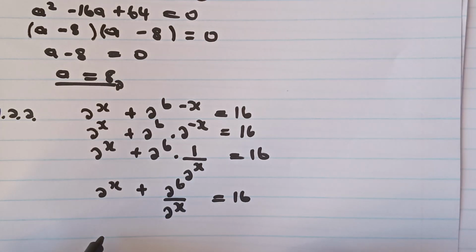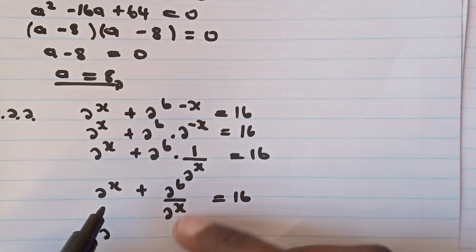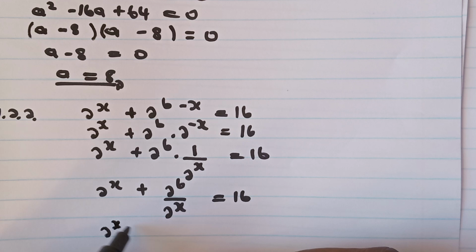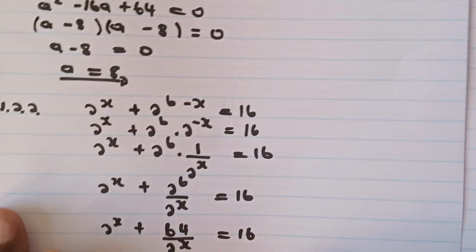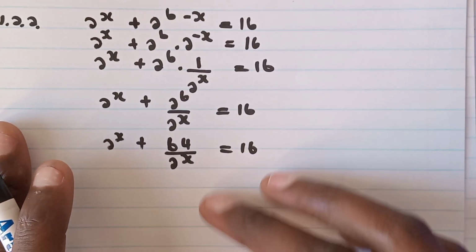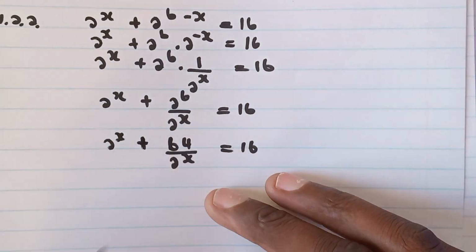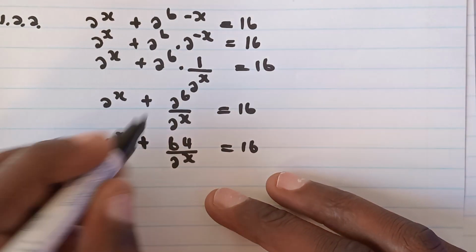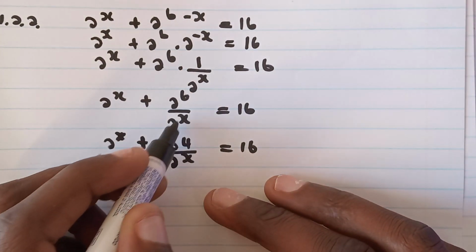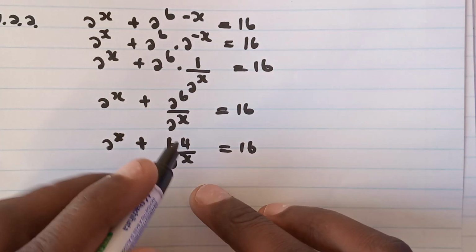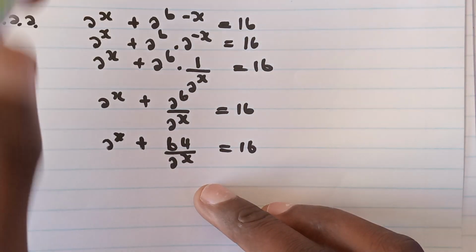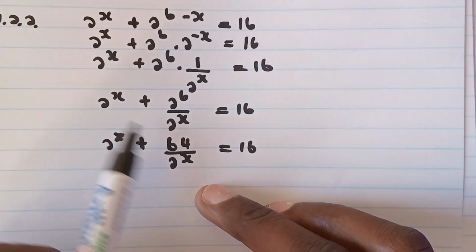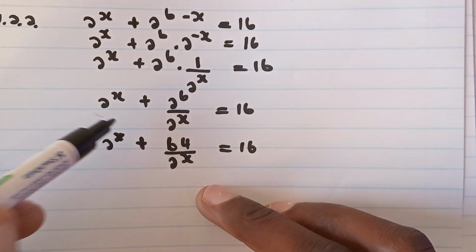First let's write 2 to the power x plus 64 over 2 to the power x is equal to 16, so that you can see what I just explained: this one is 64, and this one occupies the place where there was a in the previous question, and this one also.